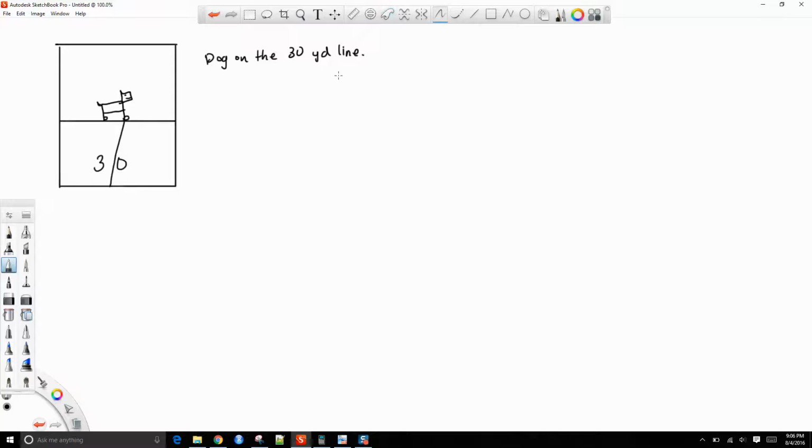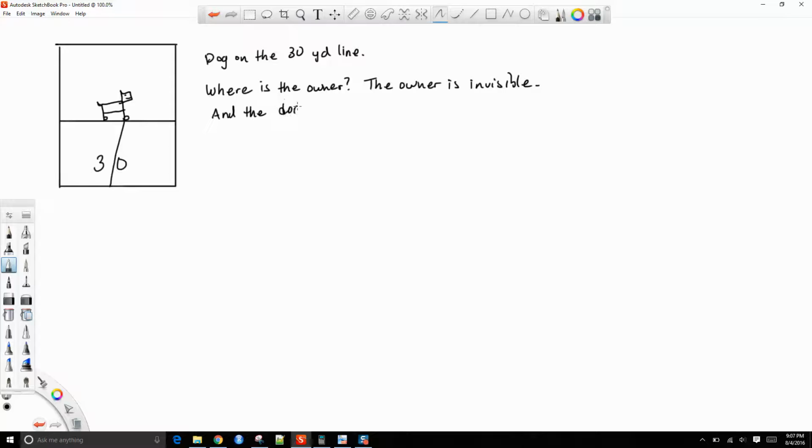But then we ask, where is the owner? We're going to say the owner is invisible, and the dog is on an invisible elastic leash.